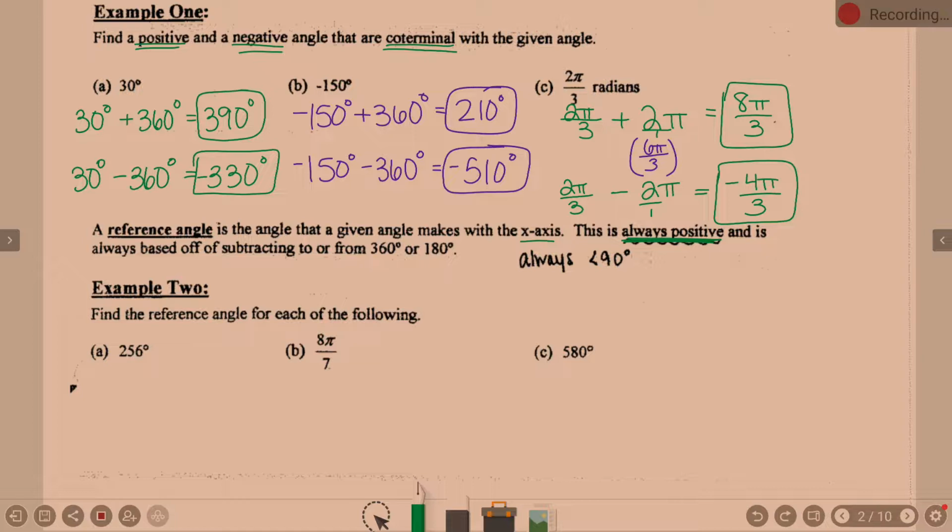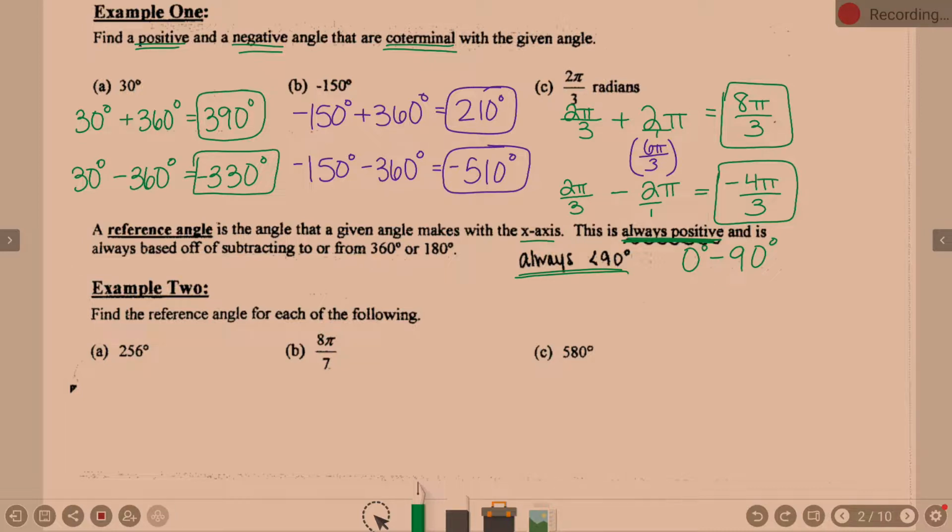It is always positive, and it's always based off of subtracting to or from 360 degrees or 180 degrees. Which, think about it, 360 degrees and 180 degrees, those are your two numbers on the x-axis, right? So, always positive, and because we're always subtracting to and from that x-axis, it's always going to be a number less than 90. So a reference angle in terms of degrees is somewhere between 0 degrees and 90 degrees. Now, what is that in radians?